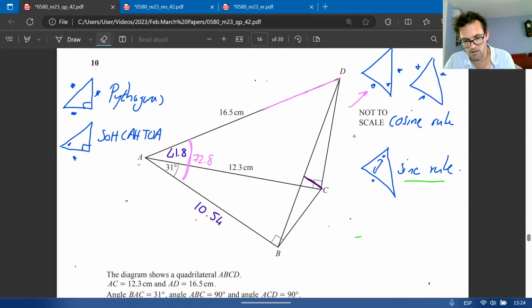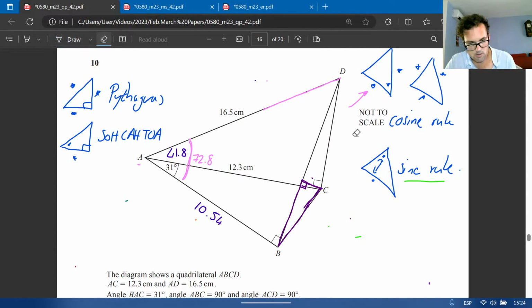That doesn't look like a right angle, does it? So that will be the shortest distance, and we'll form a right angle triangle over here. That's what they want to know.